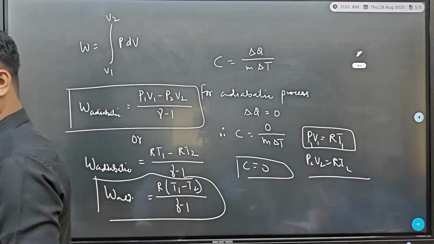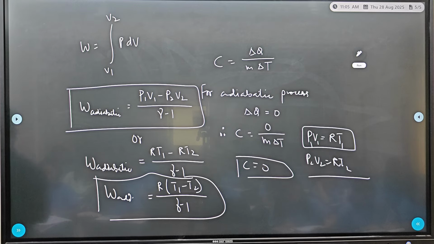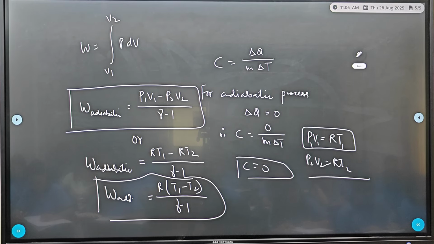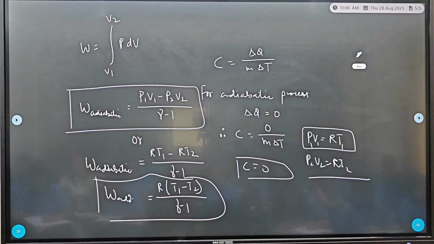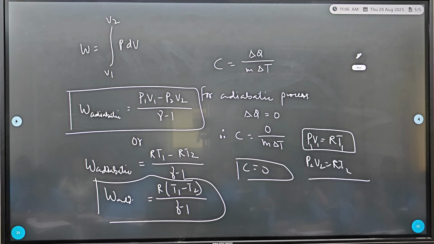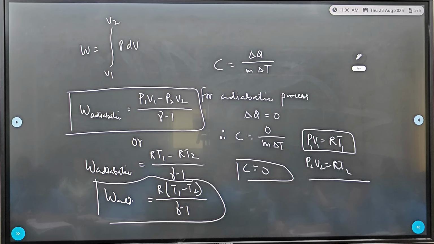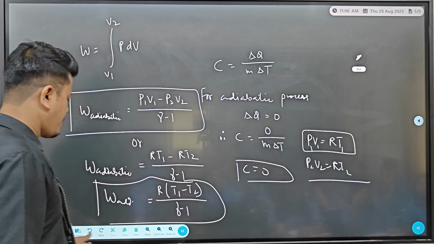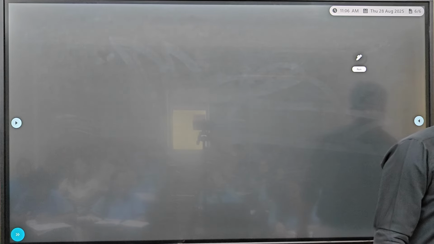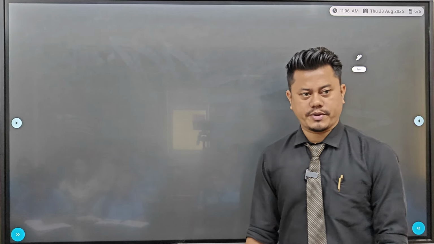Isobaric process. Now you just see, what is isobaric, by the way? Where the pressure remains constant. Pressure needs to remain constant, right?